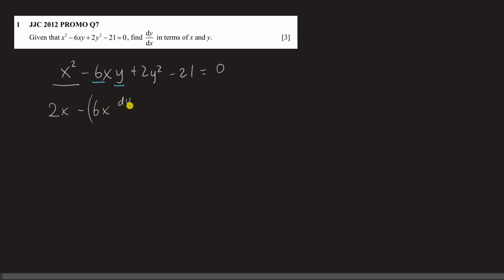Differentiating y gives us dy/dx. Plus, now do the other way around, we will hold y and differentiate 6x, which would give us 6y. And the next one, 2y squared is just 4y dy/dx, and minus 21 will just give us 0. And this side is still 0.